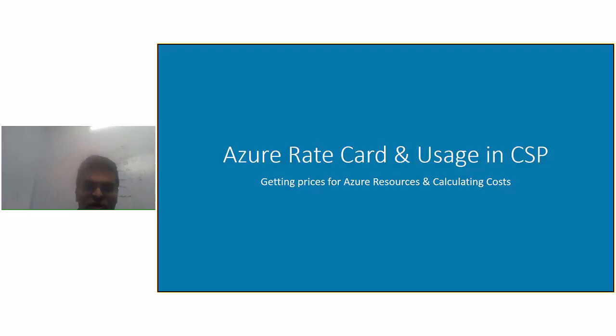And there are several pieces to the usage. In the case of VMs, it's computed by hours. Storage is computed by units like gigabytes. Bandwidth is also gigabytes. Databases could also be by compute hours, or how many database hours got used. So the usage is based on the service that runs and how much time it's running.